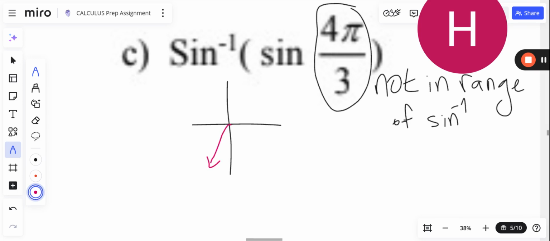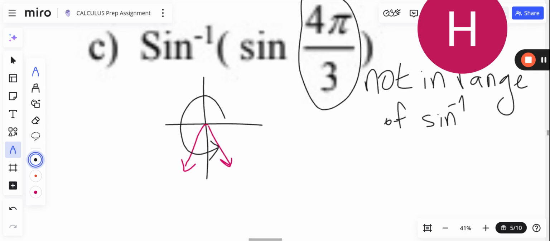Where else do we have a sine value that is the exact same as that sine value? It's going to be here in the fourth quadrant. So this is going to be at 5pi/3, but 5pi/3 is not in the range of sine inverse, so we're going to call this -pi/3. When we're doing sine inverse, we look at the angle from the range -pi/2 to pi/2. So this is an angle of -pi/3.